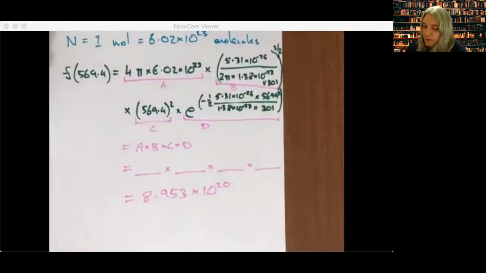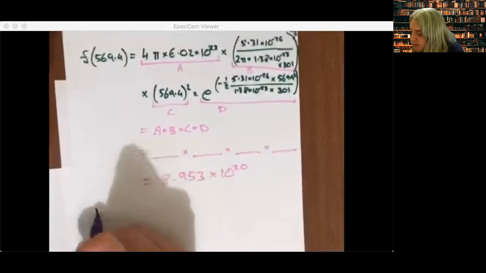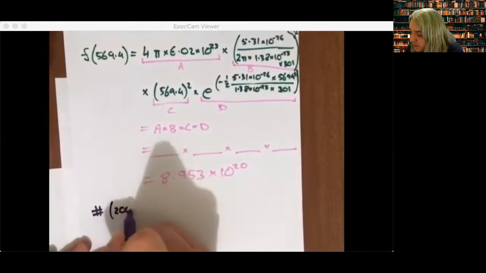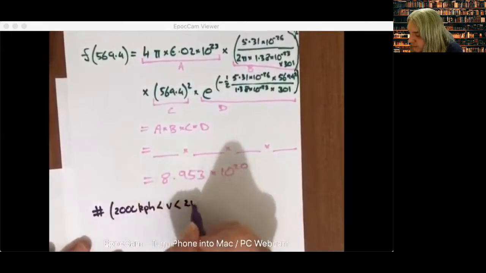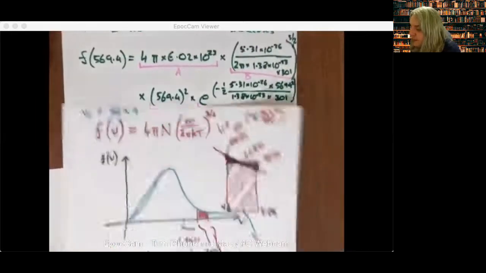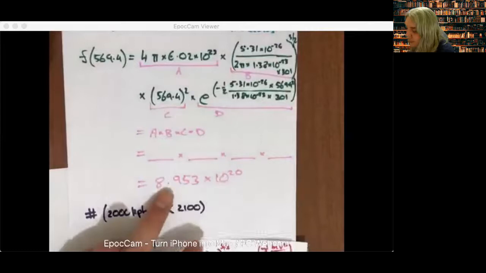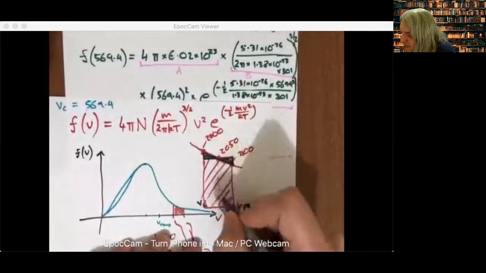And so then what we're looking for, remember, was the number of molecules. Right? So the number of molecules where the velocity is between 2,000 kilometers an hour and 2,100 kilometers an hour. And we said that that is going to come out to be this area. So that value we just found, this 8.953 times 10 to the 20, that's the height here.